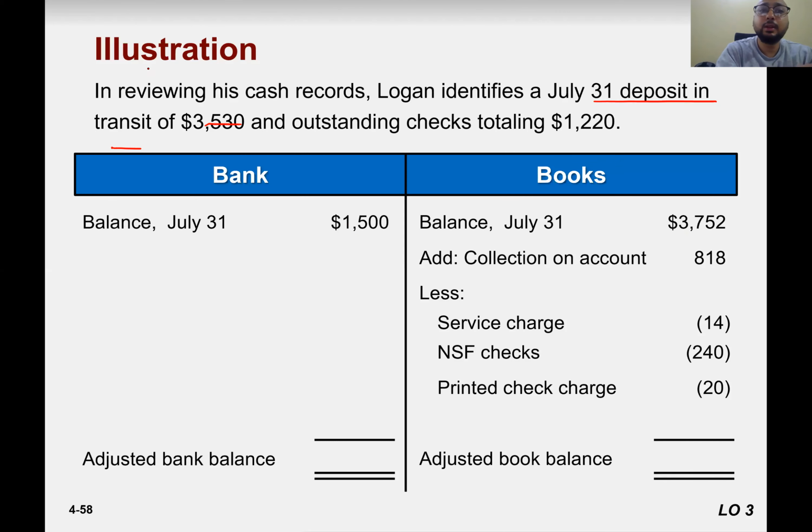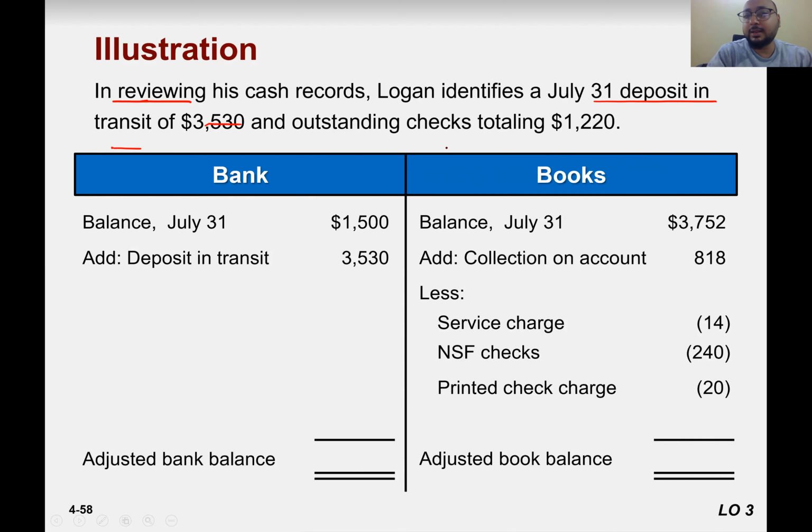So he reviews his cash records, and finds out that we deposited our checks to the bank, but still the money is not transferred, right? They checked it out and found out that, okay, the bank is still processing this inflow. So on the bank side, we add the deposit in transit, right?